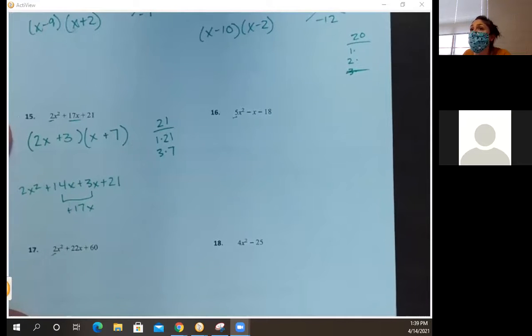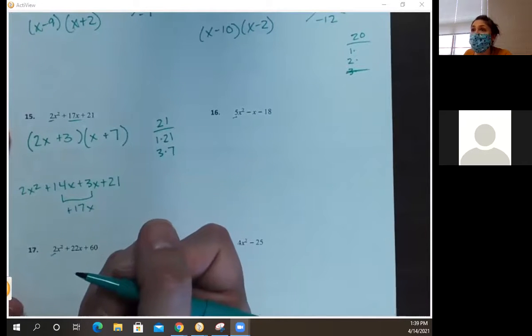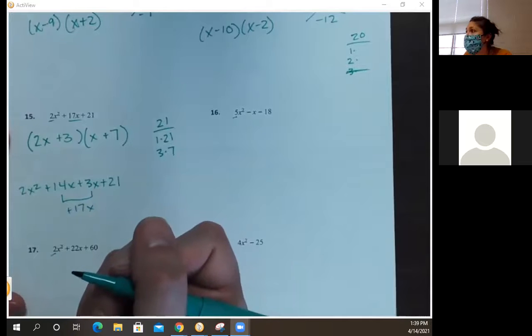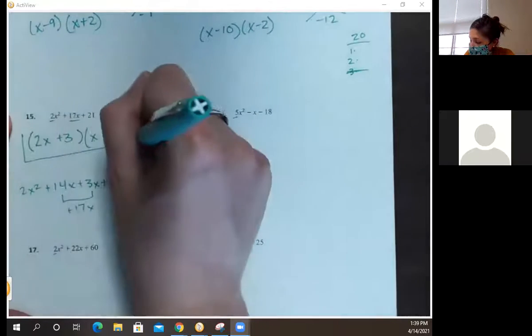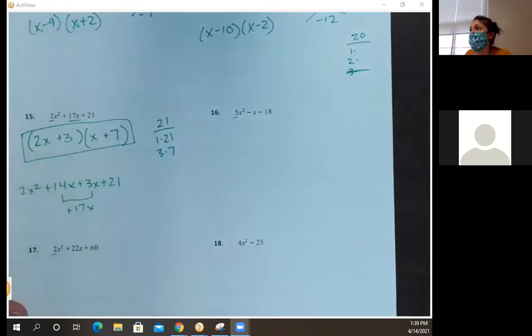I don't care how many options you have to try. If you get a bunch of them wrong, and this is the last thing you try, that's fine. Just make sure that this is the answer that you give me. Okay? So it's okay to guess and check and be wrong and try something again. That's okay. Questions for me on 15?